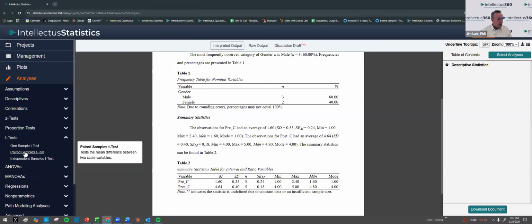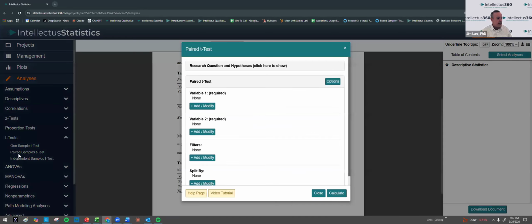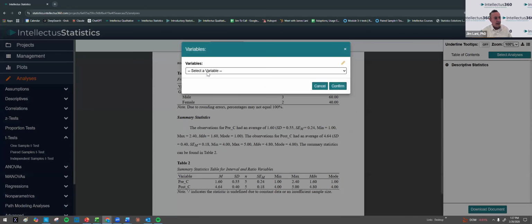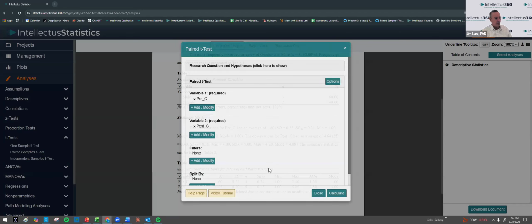Then typical use case is paired sample t-test, where I'm comparing the confidence at pre to the confidence at post. Notice the icon, it's only going to allow scale variables. And then hit calculate.